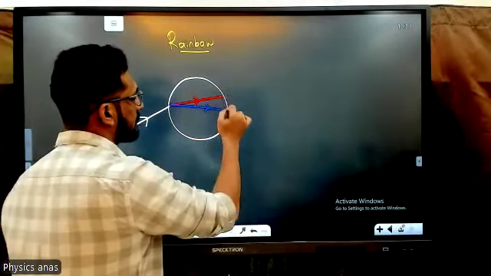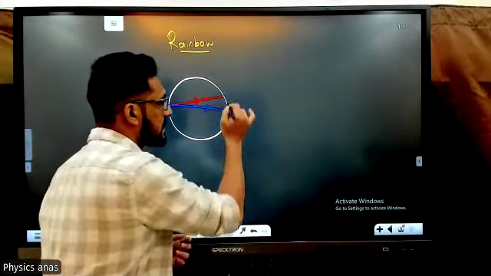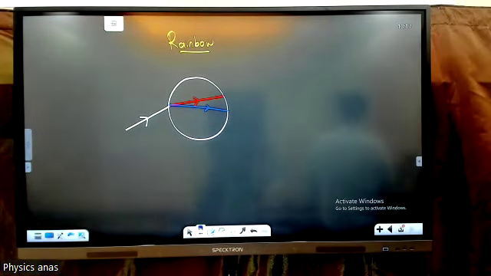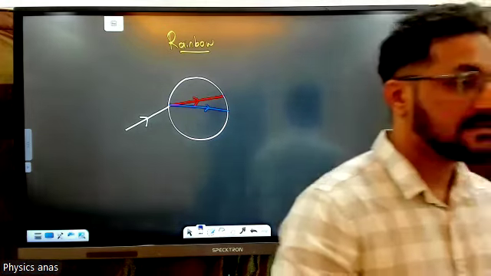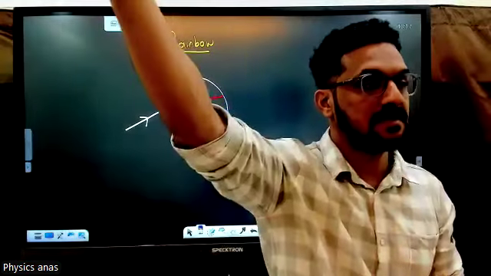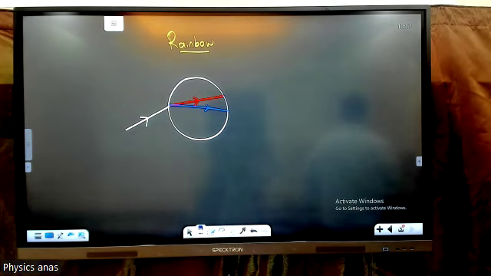Then what happens here, at the boundary of this raindrop? It gets reflected. It is internally reflected. The reason for that reflection we will study later, when we are in 12th grade.